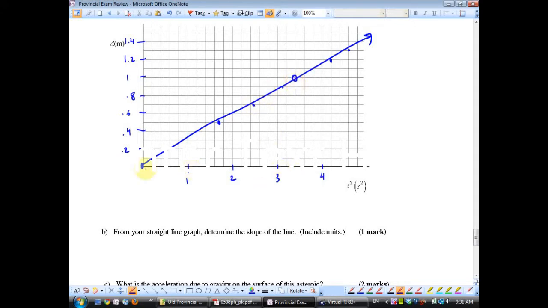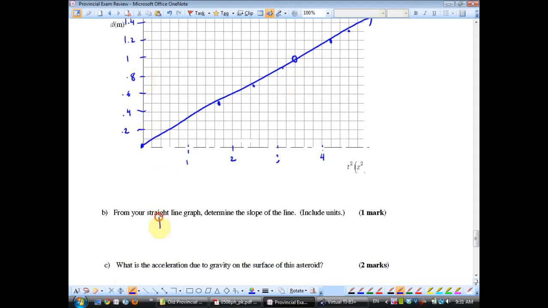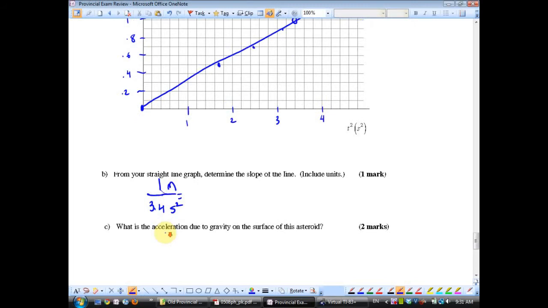That looks like the rise is 1 over, the run is 3.4. Units, meters, seconds squared. What do you think the slope of this graph is if the units are meters over seconds squared? So when it asks me to find the acceleration due to gravity, I'm pretty sure that's just the slope.